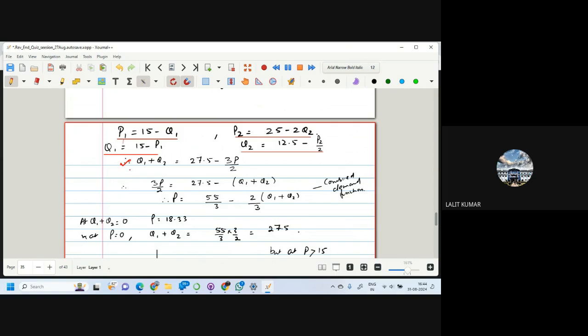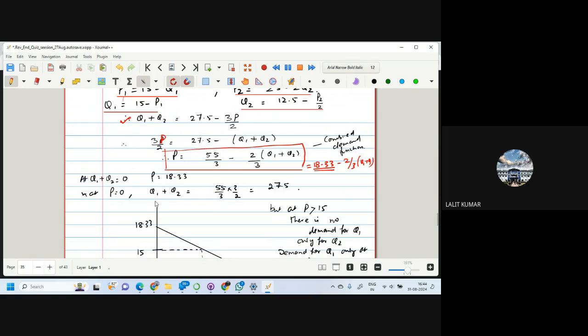So if we combine, the P remains the same, the price will remain the same because the government has applied it. So this is the combined demand function, and if we rearrange it, this will become 18.33 minus 2 by 3 (Q1 plus Q2). Now this 18.33 which is there, the question is that in the northeast the demand function starts at 15.